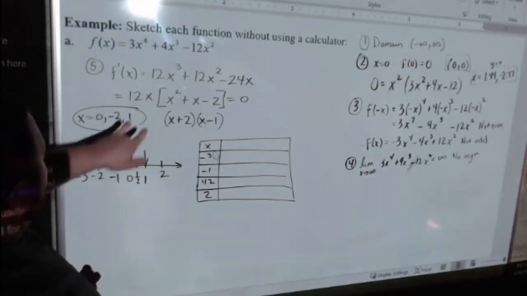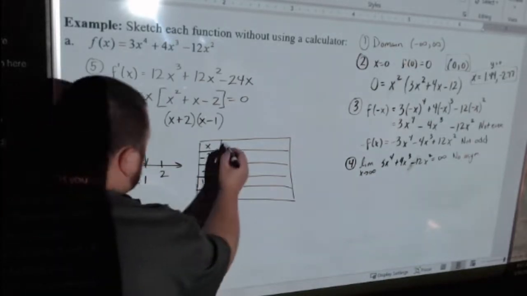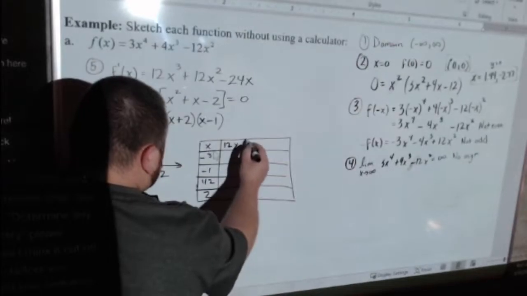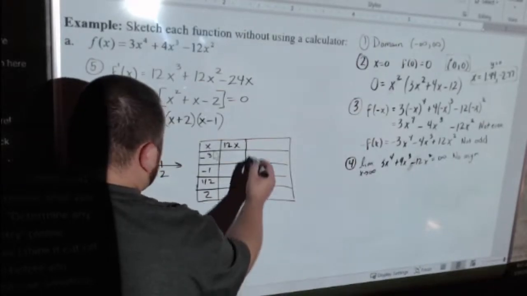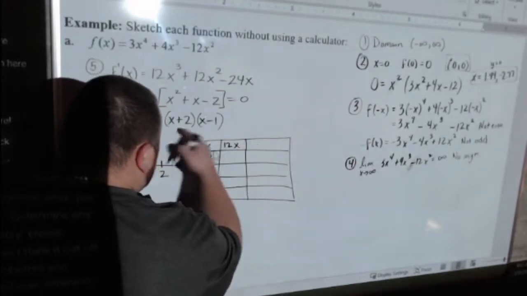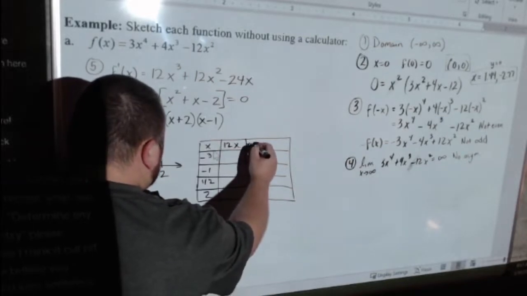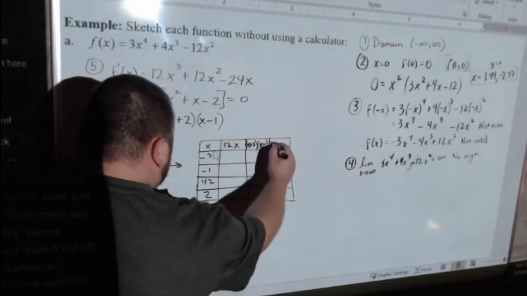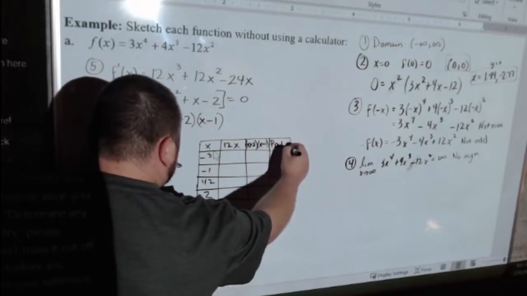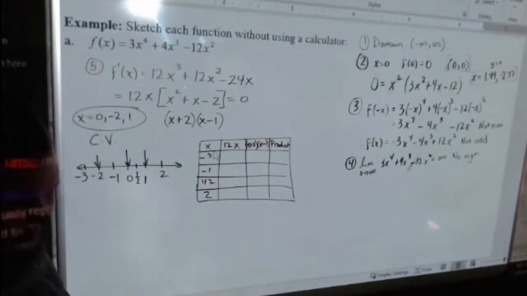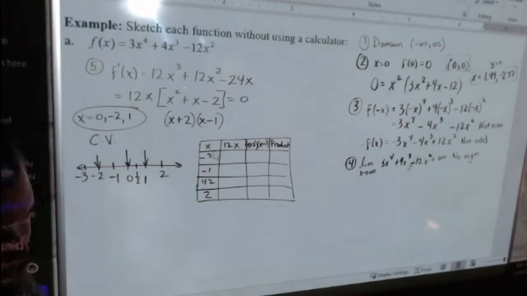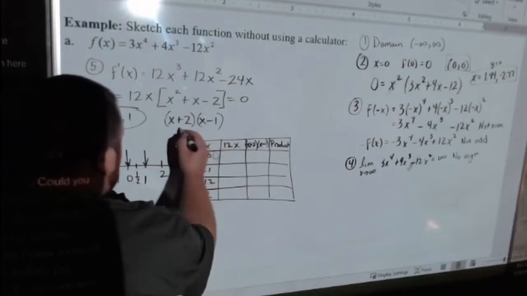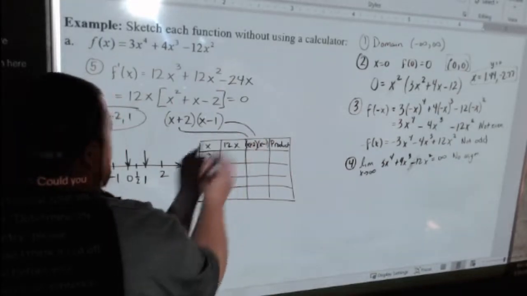And the parts of the derivative are 12x. Then I've got the factors of x plus 2 times x minus 1, and then finally the product. I see that that's a little hard to read there. It's just these two factors in there.